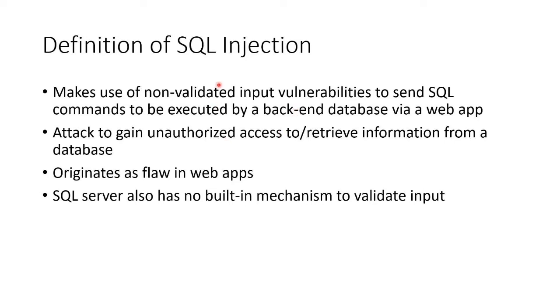So we're trying to do SQL injection so we can have unauthorized access to a database and get information from it. It starts as a flaw in the web app, but the SQL server also has no built-in mechanism to validate the input. In other words, both the web app developer and the database administrator need to implement things that will stop SQL injection.